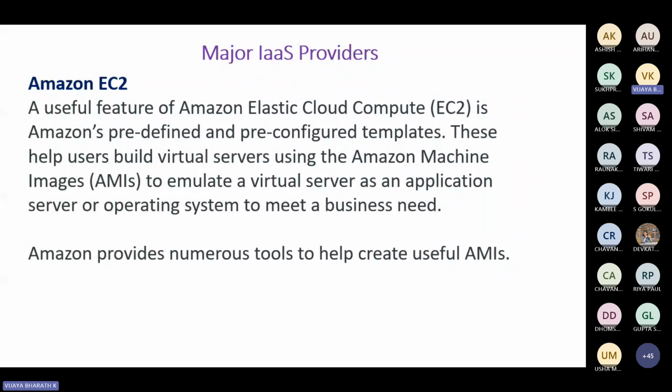Using Ubuntu. They have their own pre-built images which can emulate the virtual server, as an application server or an operating system based on our need. They also help us to create AMIs from our own images. Let's say we have created our OS and installed certain things, we can convert that into an AMI.